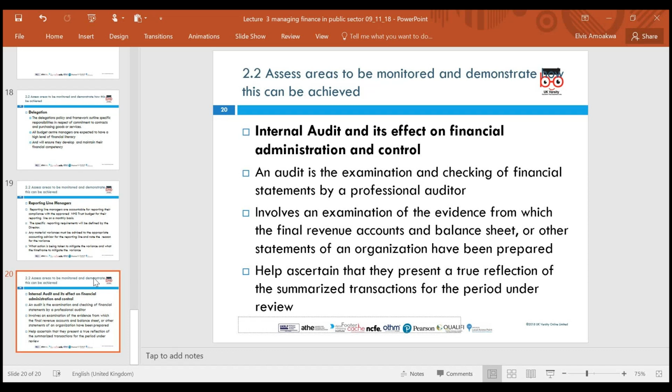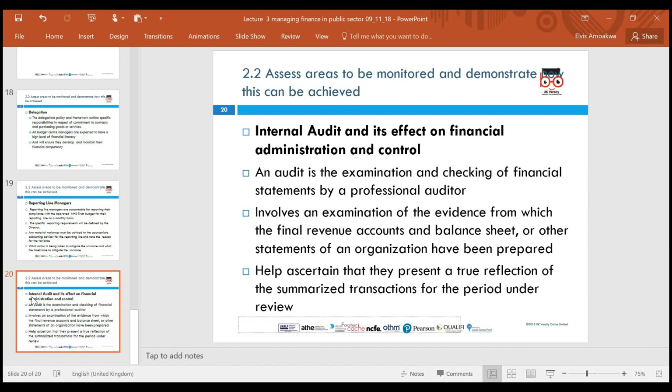It helps ascertain that they present a true reflection of the summarized transactions for the period under review. For the NHS in particular, and most public sector organizations, because all the information is going to be put in the public domain, there is a need for monitoring and control, and they have to demonstrate all that.